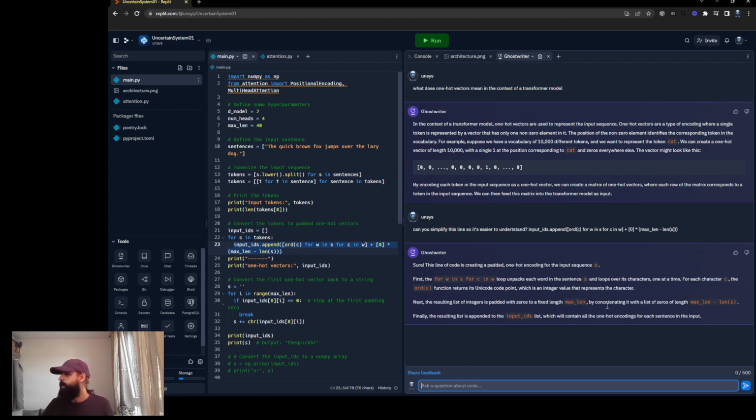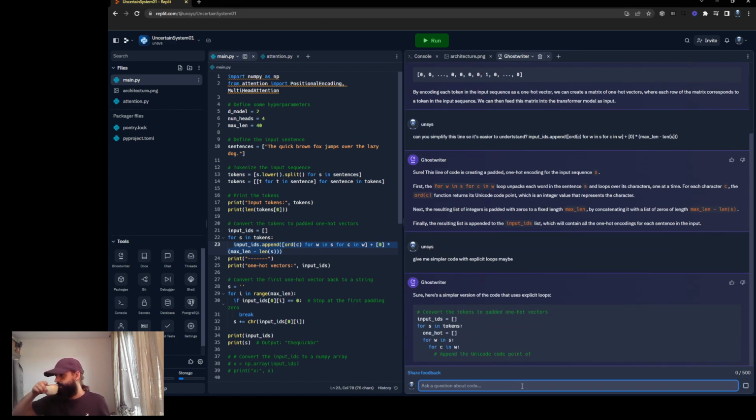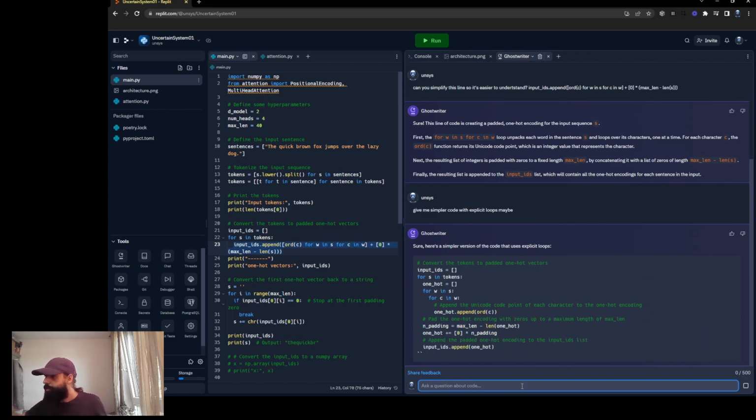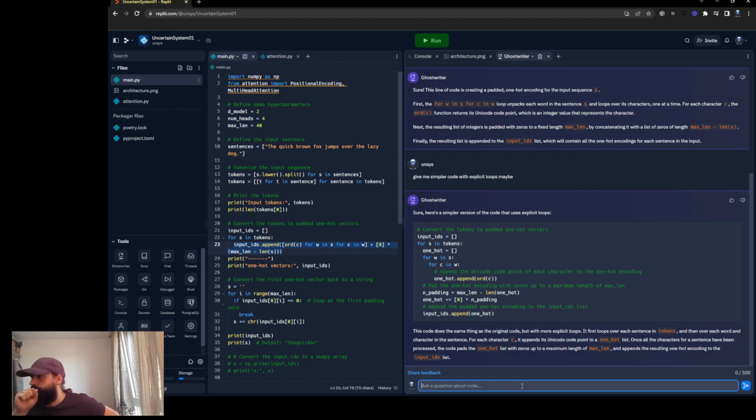I mean, explicit, maybe. So what it's doing is input IDs for each token.